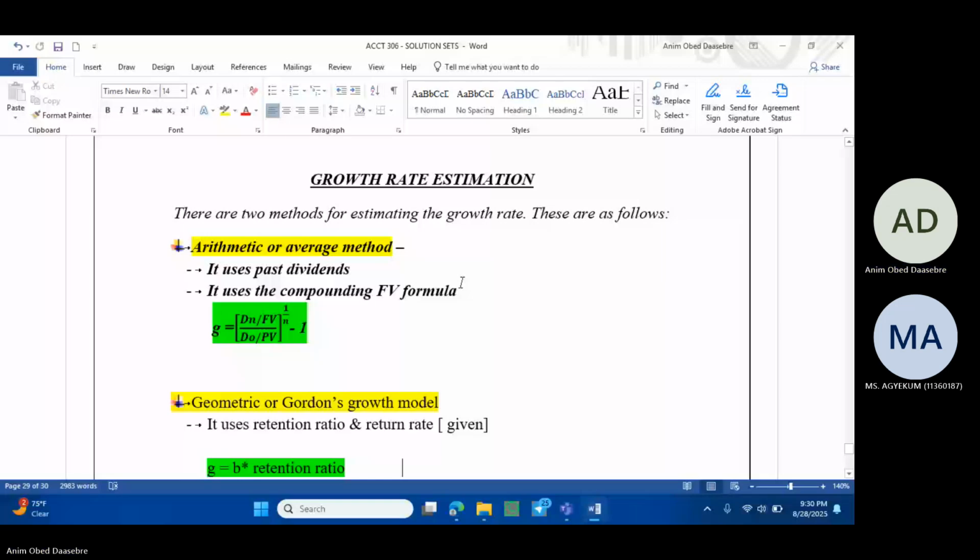To use this, if in the question you have data relating to your past dividends, then you can use this arithmetic method to find your growth rate. It uses the compounding future value.